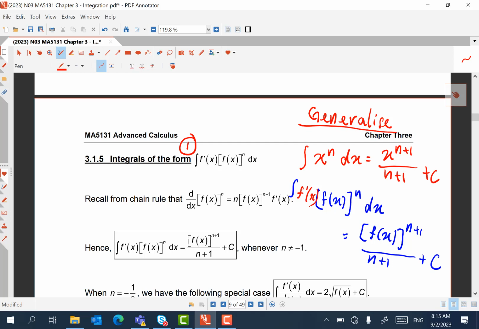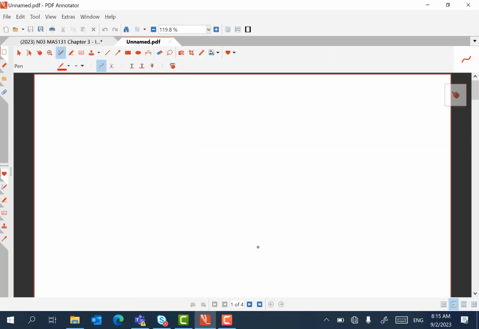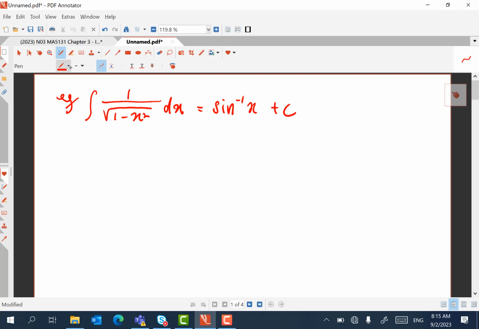I will show you another example of how we can generalize a formula. For example, I have this one, which we have memorized to be sine inverse of x. Class, I can generalize this formula.